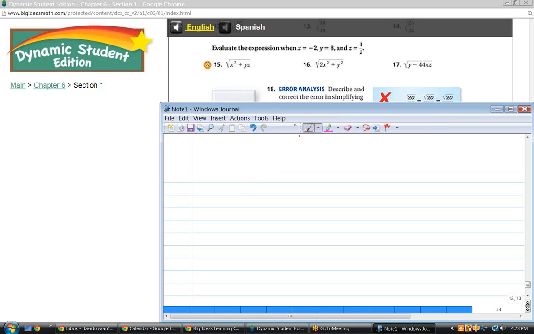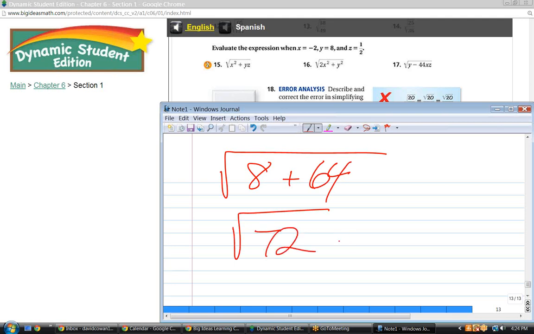16. So that one, well, you get 4 times 2, you get 8 plus 54 squared, and then, so yeah, that's 72, and so 36 goes into it.